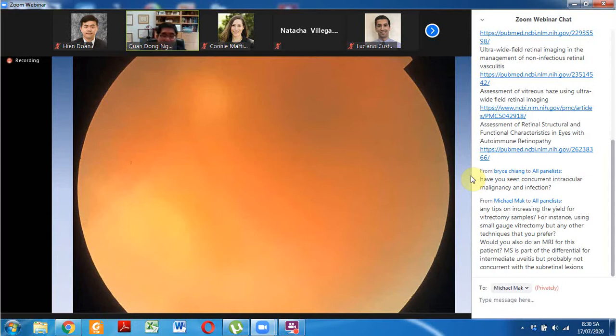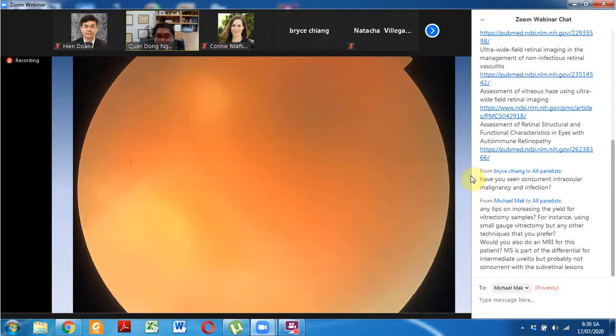So Bryce, in a patient with lymphoma, when we see a recurrence, and obviously we see vitreous inflammation right now like this, where else in the eye can we see the recurrence of the lymphoma? Would we also be looking in the anterior chamber?